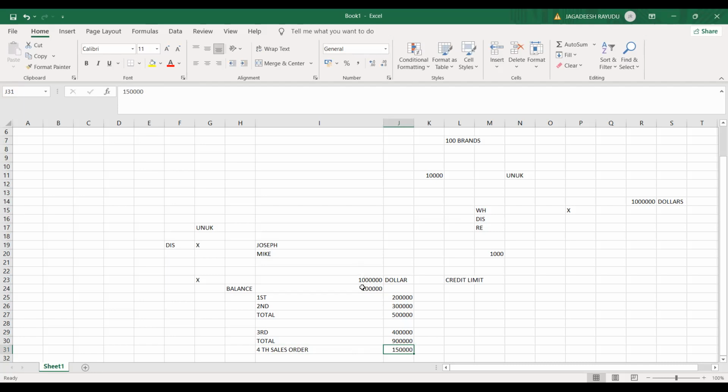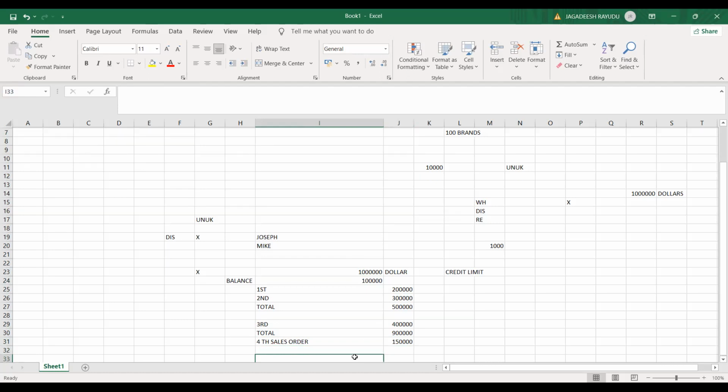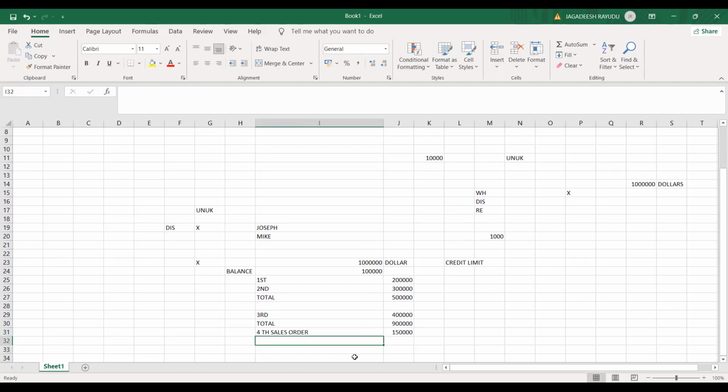1,50,000. So my total worth of all four sales orders again is 10 lakh 50,000, an additional 50,000. So what is my balance here again?